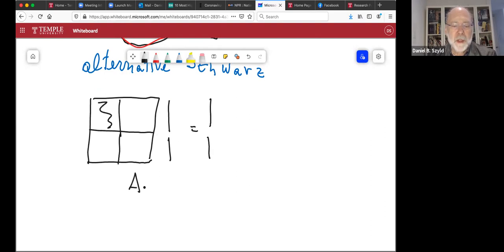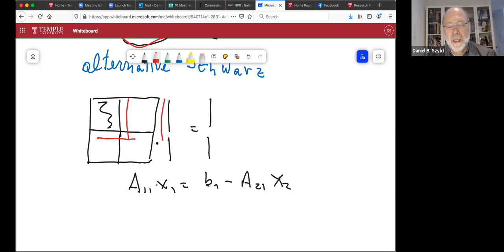So solve A11 X1 equal B1 minus A12 X2 and iterate, okay? And you can do this with overlap, in which now you have extra stuff. So this corresponds to block Jacobi with overlap.